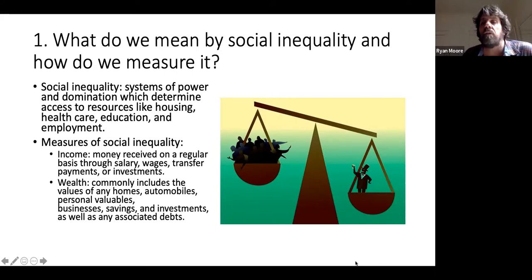Now, in terms of measuring this social inequality, we're going to make an important distinction here that is made in economics and in the social sciences and more broadly. And that's a distinction between income and wealth.